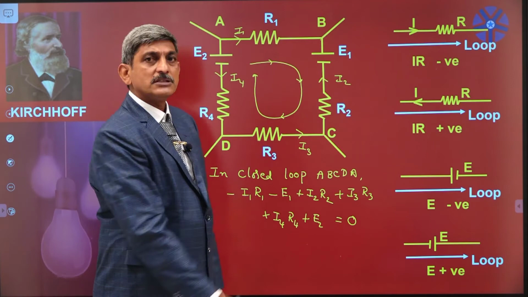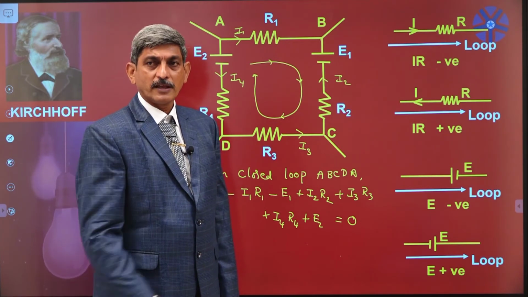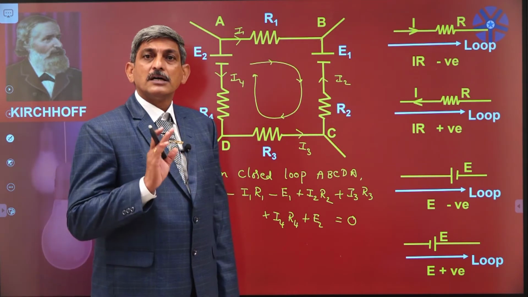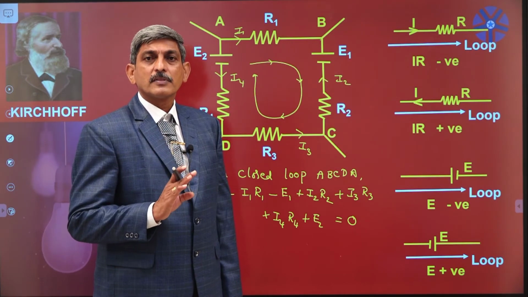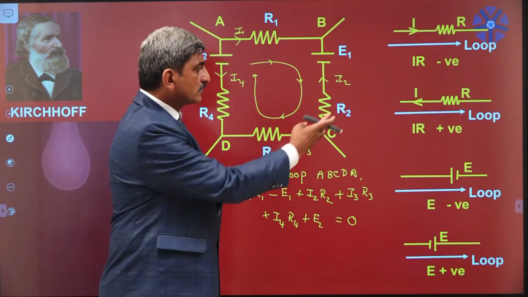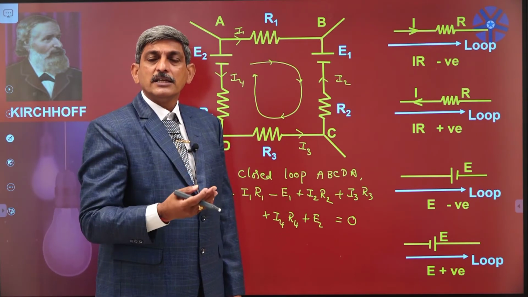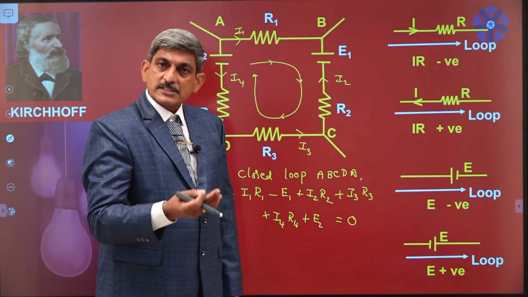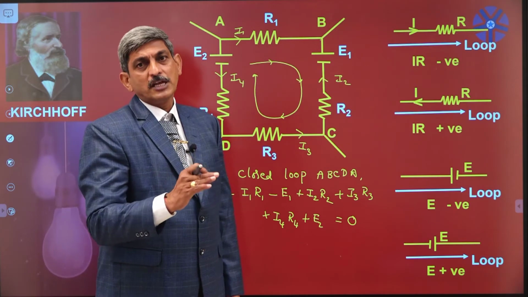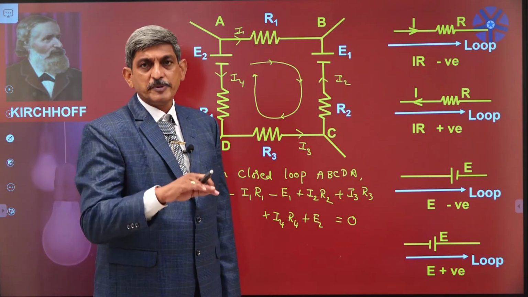So this is about the Kirchhoff's law. Repeating, the algebraic sum means here also some are positive, some are negative. Take the proper sign for the potential drop and the EMF and add them, that is called the algebraic sum.